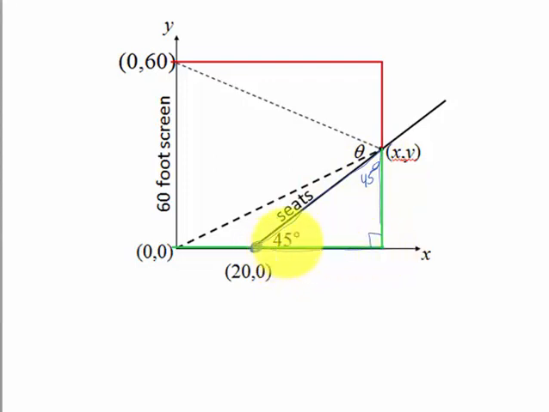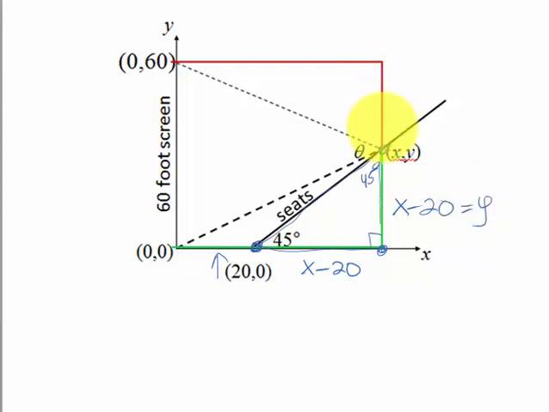So whatever this measures, this side measures the same thing. Well, this total length is x, and if we subtract off this piece, which is 20, we would have the length right here, x minus 20. And whatever that is, this is the same, x minus 20. That's also our y value, so that also equals y.